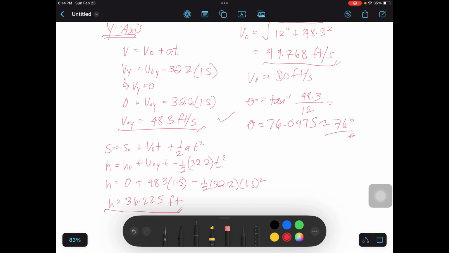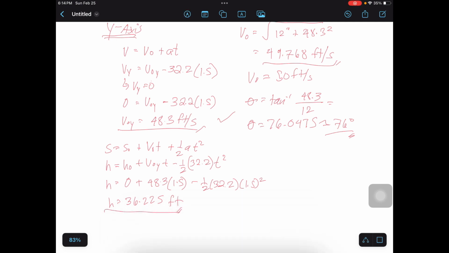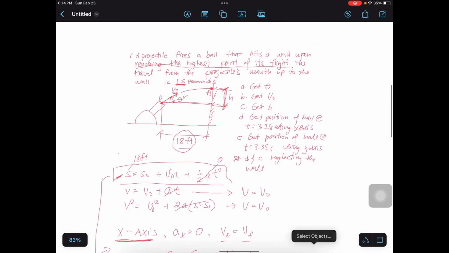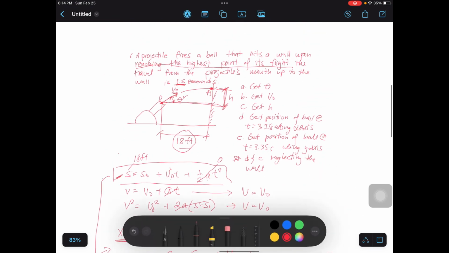Yan ang highest niya. Highest point na ma-reach ng projectile. So, ibig sabihin, pag na-reach na niya yon, yung 36.225 feet, Vf is 0 dito. And then, mag-start na yan mag-fall down.